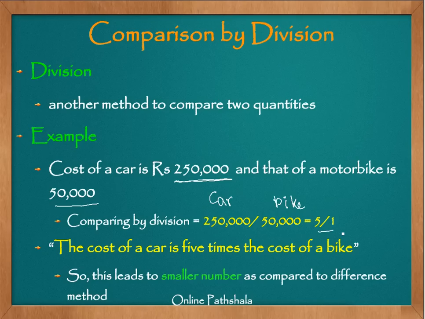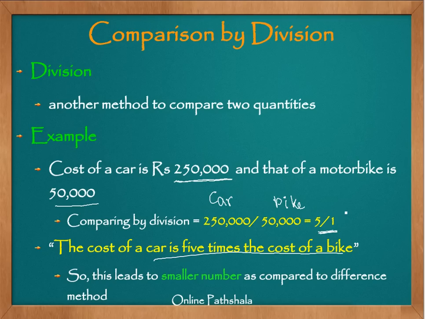So the resulting number, when we simplify this, we get 5:1 or 5 by 1. So what this means is the cost of a car is 5 times the cost of a bike. Simply I have found out a way in which I have represented the price of one in terms of the price of other.